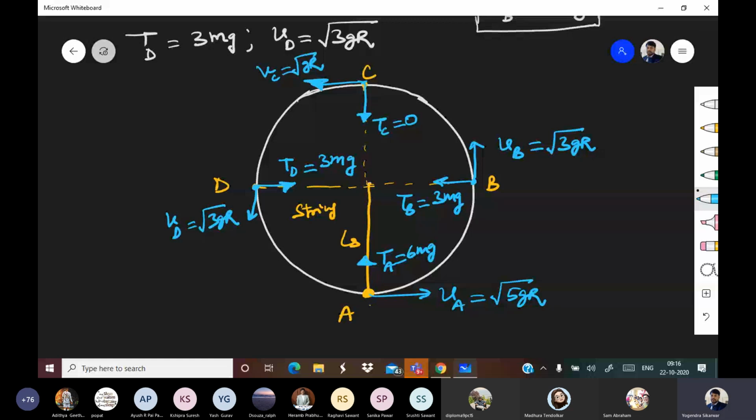Can you notice this, everyone? I am noting a star point.